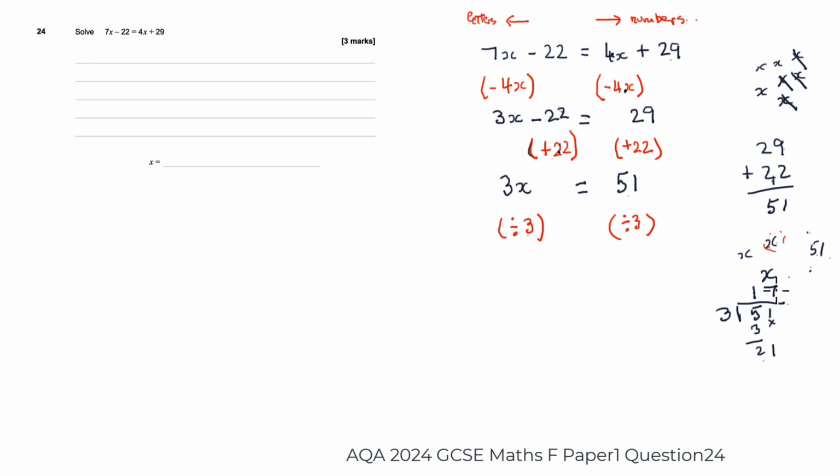So we'll get 17. This 51 is being divided up into 3 bundles of 17. And that's what each x will be equal to. So on the left hand side we'll get 1x, and 3 into that 51 we know now goes 17. So our solution is x equals 17.